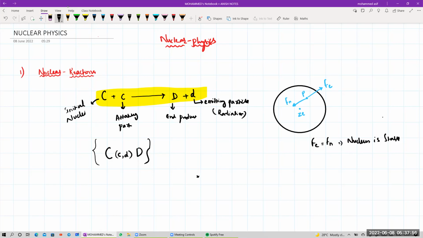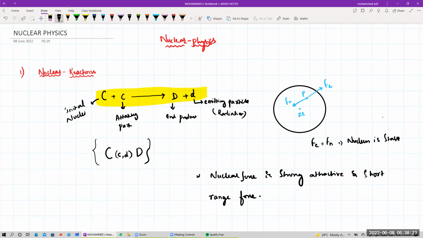I hope you know that nuclear forces are the strongest force, and they are short range. Nuclear force is a strong attractive and short range force.